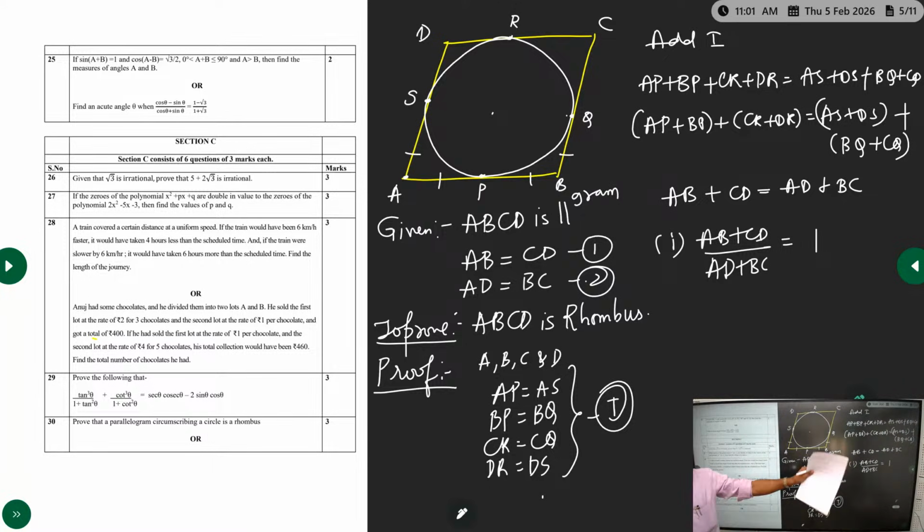So the ratio of the sums of opposite sides will be equal to 1. In one of the sample papers it is there. Okay. Nothing different, only they have taken the RHS term to the LHS. But as per this question, we have to prove ABCD is a rhombus. And in a rhombus, all sides are equal.